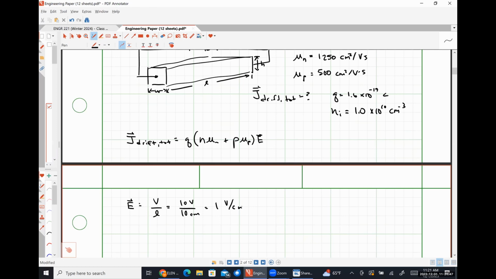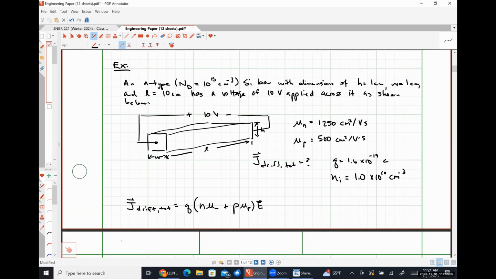What about N and P? Is this an intrinsic semiconductor? It is not. Absolutely right. Because we're dealing with donor dopants and ND is much greater than NI, it's 100,000 times more, we can say that a pretty reasonable, or actually extremely good, approximation for the electron concentration in this bar would be just ND.